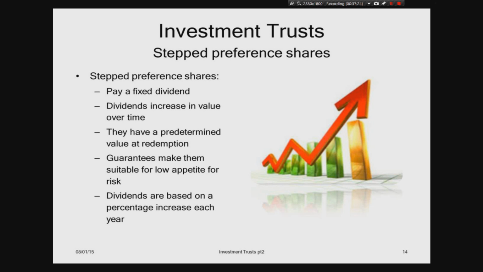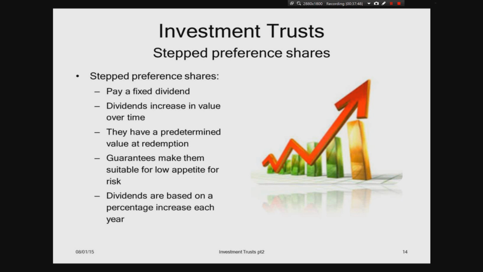The stepped value occurs during the life of the trust. It has a predetermined redemption value when the trust is wound up at redemption. The guarantees that this type of preference share offers make it an ideal investment choice for those with a lower appetite for risk when it comes to equity investment.